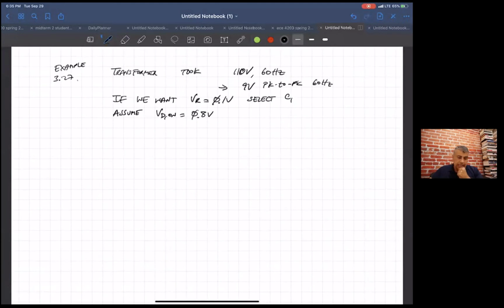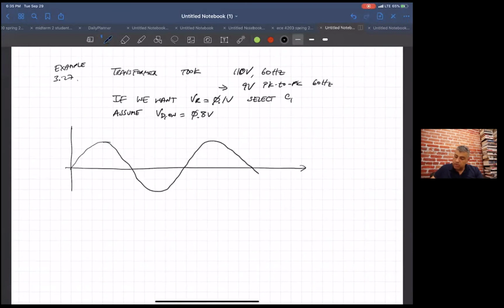Okay, so basically what we have is, after the transformer, we end up with this voltage versus time. We get a peak-to-peak voltage of 9 volts, which means the V sub P for our equation is 4.5 volts.